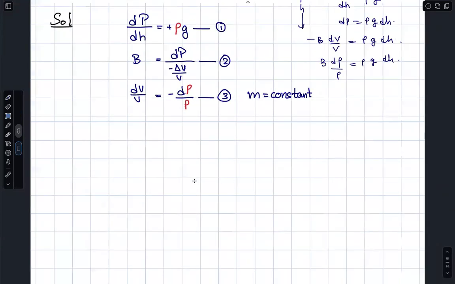So now I have two relations. One is d rho by rho square is g by B times dh.